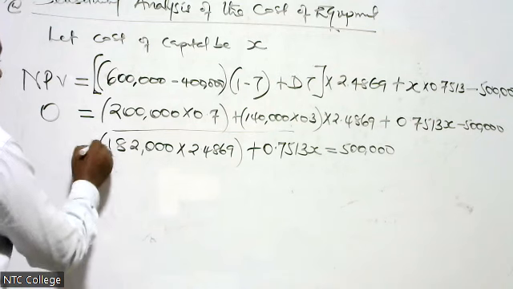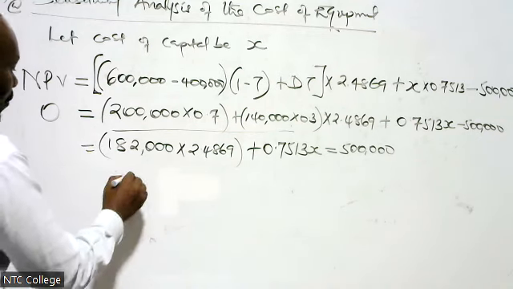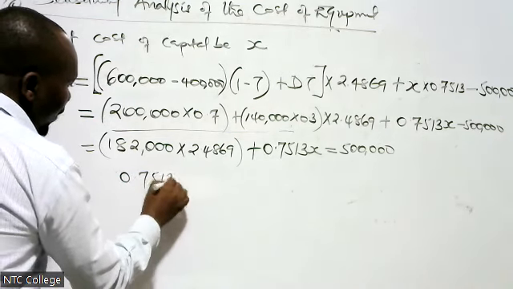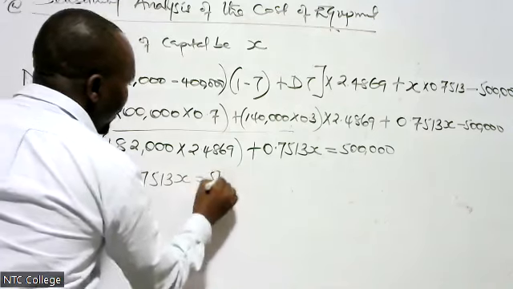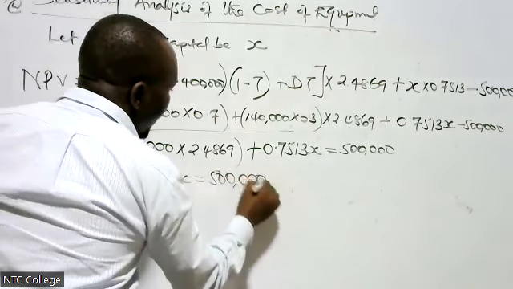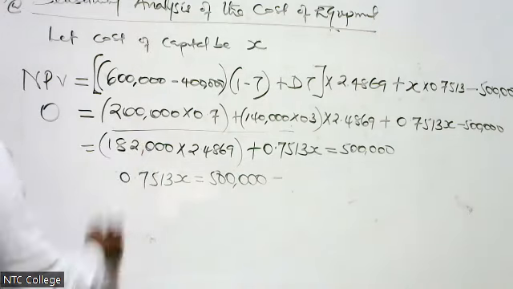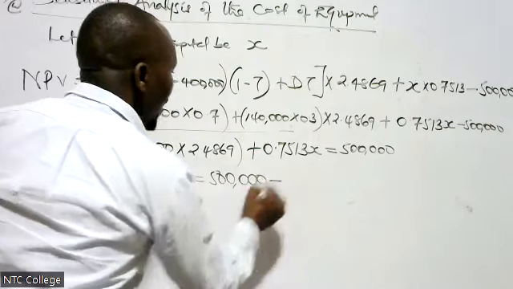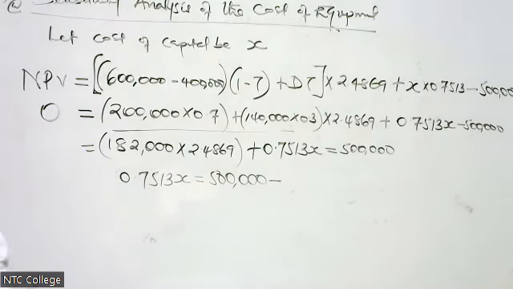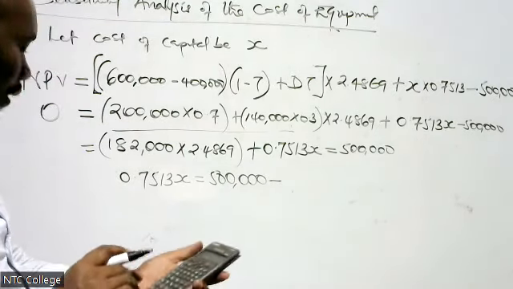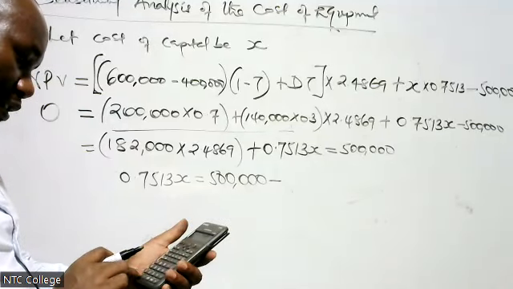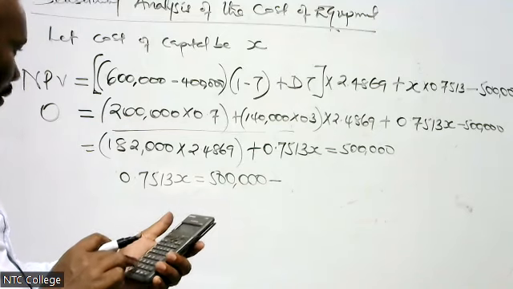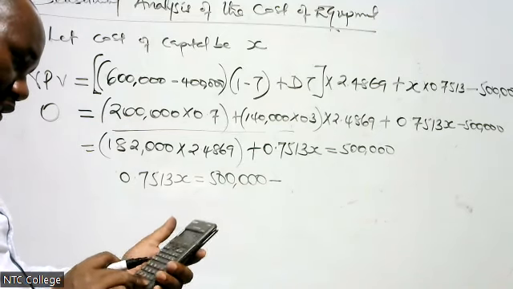So get me the figure here. When you multiply this, what do we get? So that we have 0.7513X is equal to 500,000 minus the answer that you're going to get here. When it crosses the equal sign, it becomes negative. Now get me the answer. I can do that because I know you might delay, so I can do it. Times 2.4869.